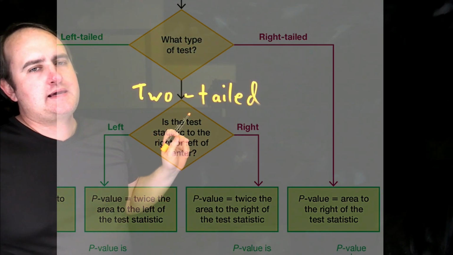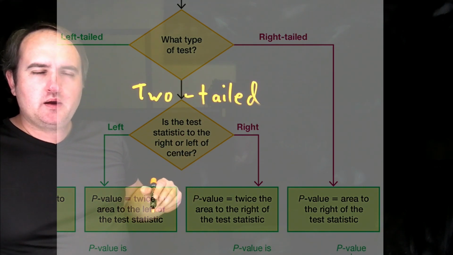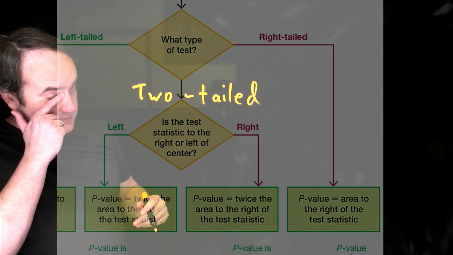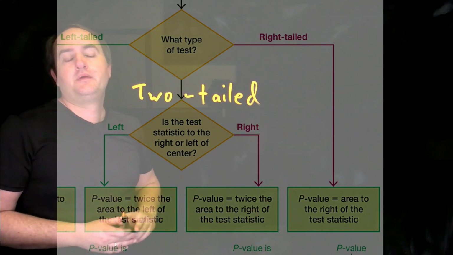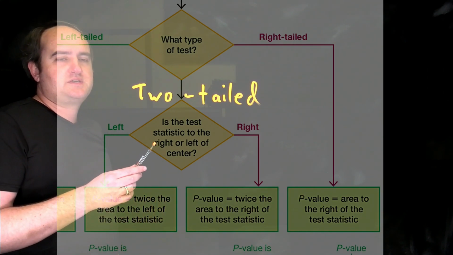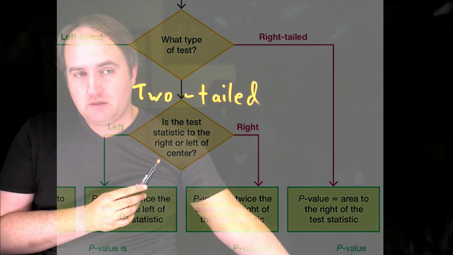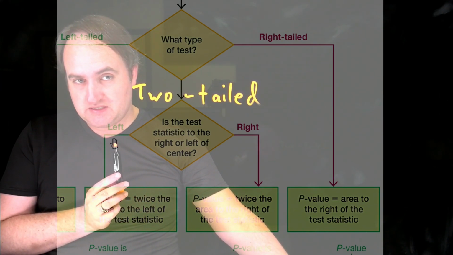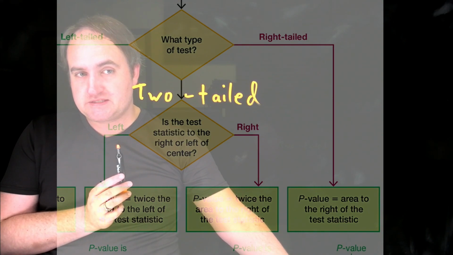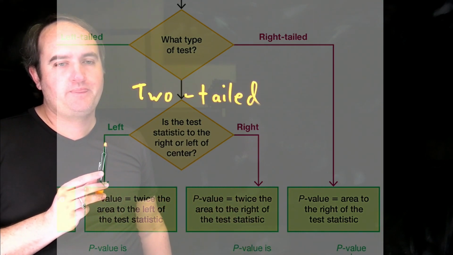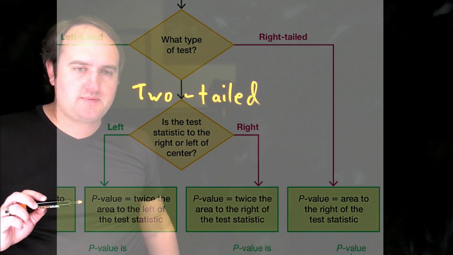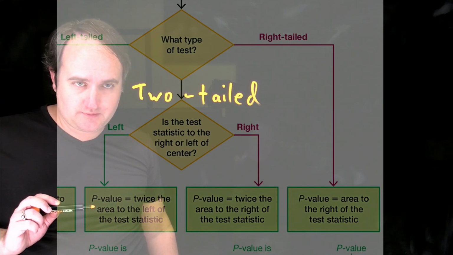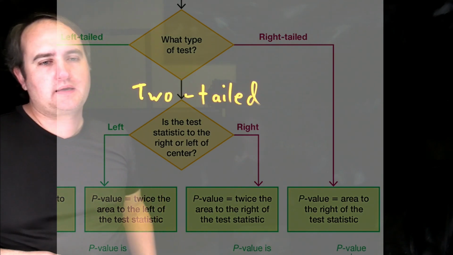Two-tailed is the hardest case, but basically all you're going to do is, if the test statistic z is to the left of center, in other words, if your z-score for your test statistic is negative, then the p-value is going to be twice the area in table A2. Okay?